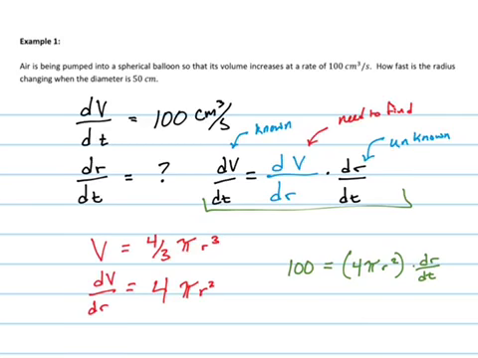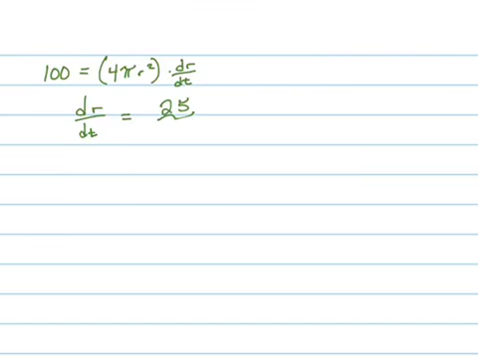It's pretty easy to solve for that now. We simply divide both sides by 4 pi r squared, and we get 25 over pi r squared.